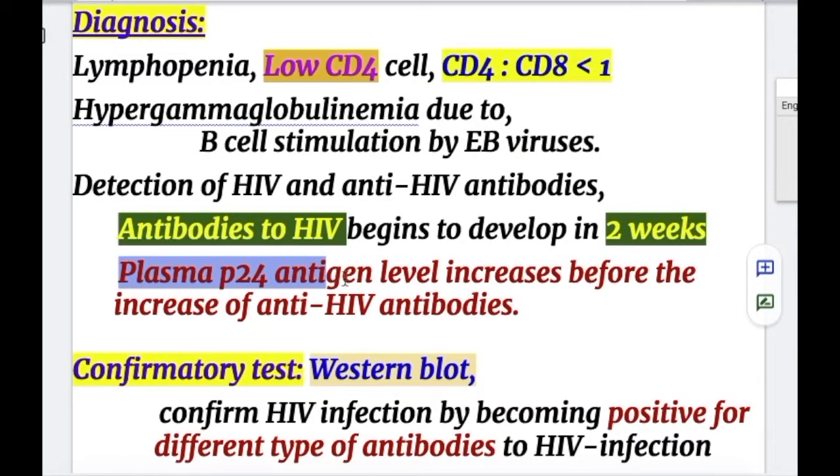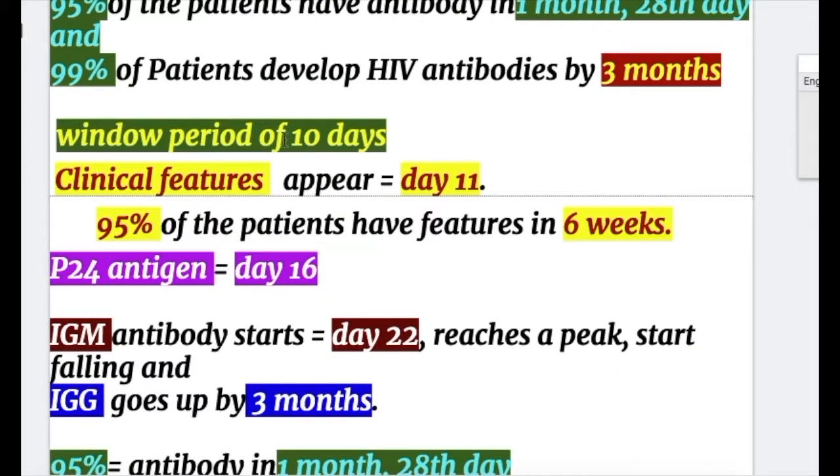Plasma P24 antigen level increases before the increase in anti-HIV antibodies. So plasma P24 is the first to increase. So I repeat, the window period is 10 days. Clinical features appear on day 11, and 95% have clinical features in 6 weeks.